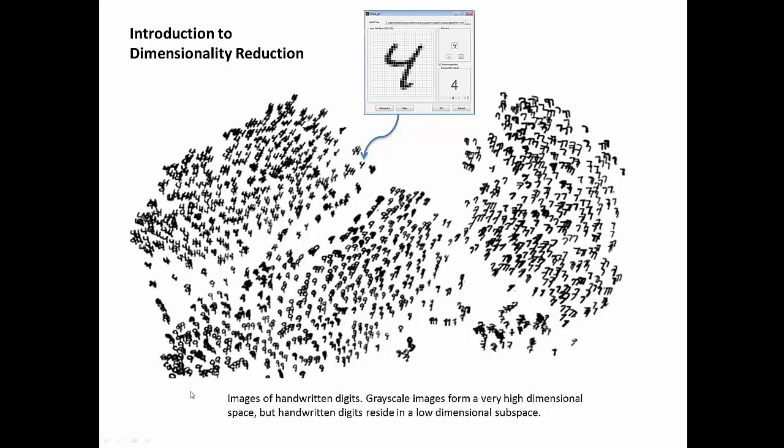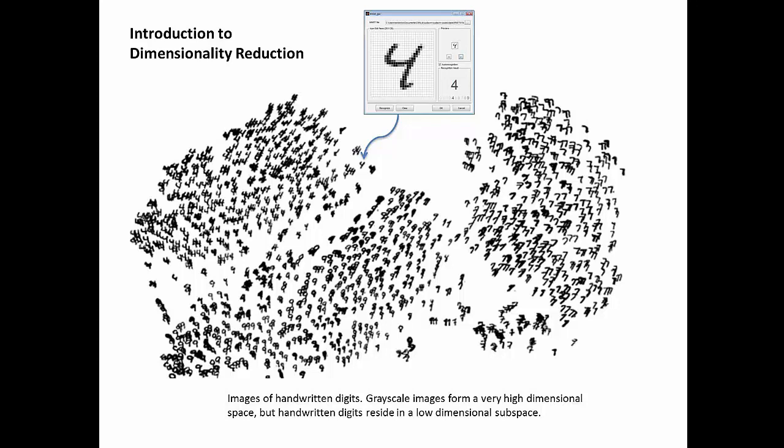I'm showing a PCA plot of the handwritten digits, and you can actually see the main structure in the data in just the two-dimensional surface of your screen there. And this is something that's generally true of biological data.